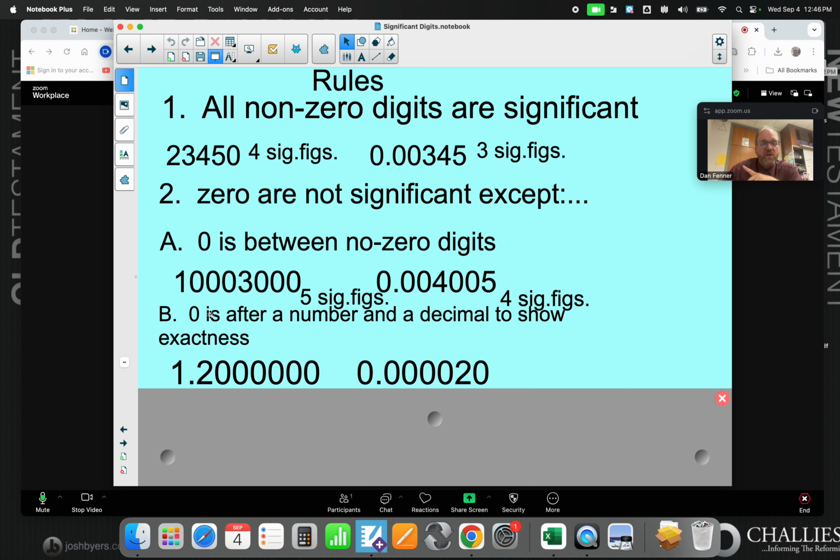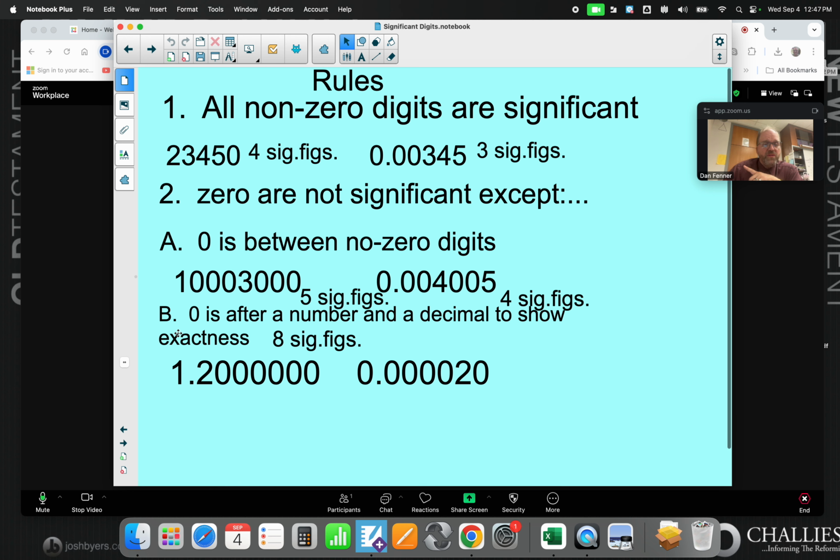And so I'm certain of all those numbers, so I would have 1, 2, 3, 4, 5, 6, 7, 8 sig figs. On the other hand, over here, to the millionth place, I'm confident, but I only have 2 sig figs because this 2 is the zeros after a number and after a decimal. These 3 are just placeholder zeros. They're not giving me any certainty or confidence in the number.